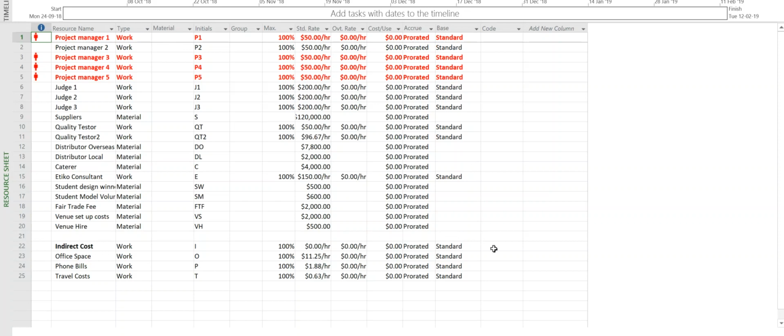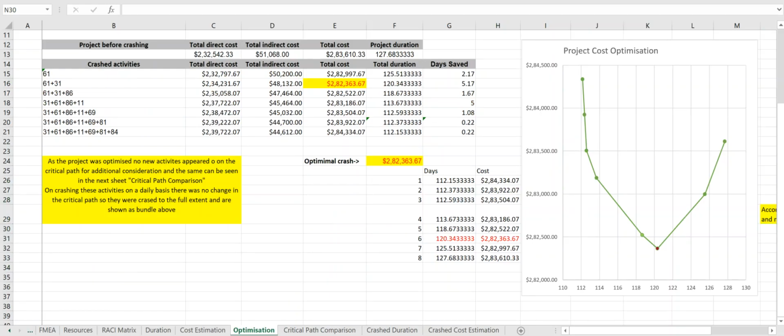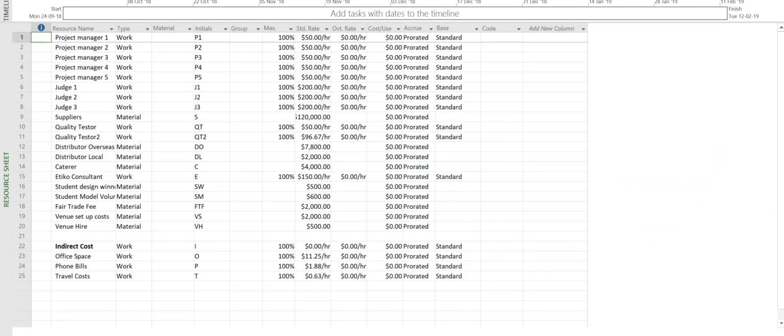In the crashed version, we go back to project. Now we're back to that sheet. Let's go back to the first sheet. We can see that we haven't got any over allocations because when we've crashed, if we compare this sheet to the earlier sheet we discussed, we realize a couple of things have changed. The first of these is looking at the judge one.